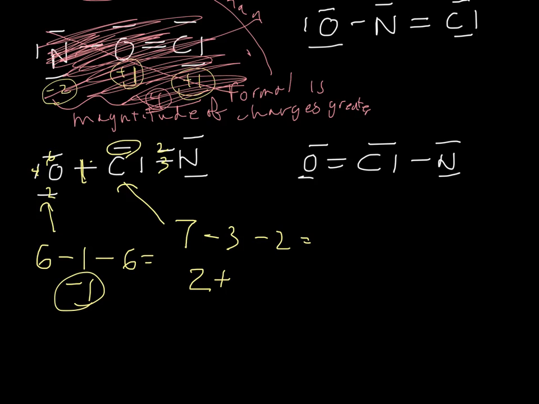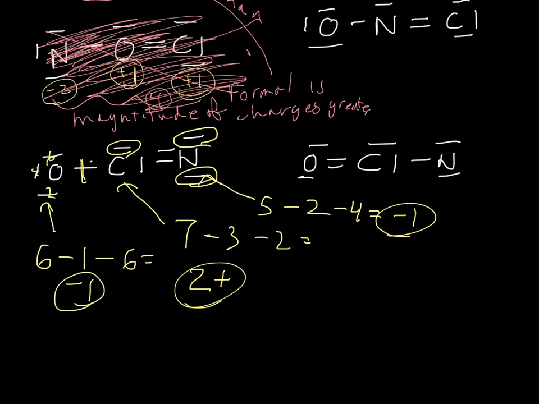Our nitrogen has 5 valence electrons, is participating in 2 bonds. It has 2, 4 unpaired electrons, so it has a formal charge of -1. I can't subtract today. -1. All right.